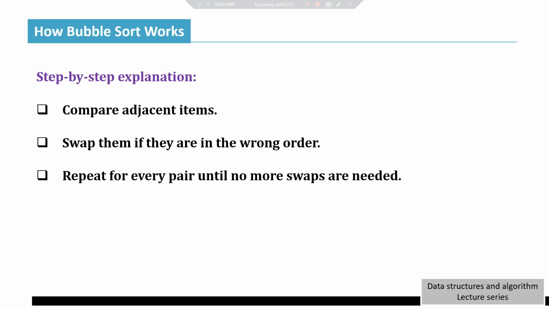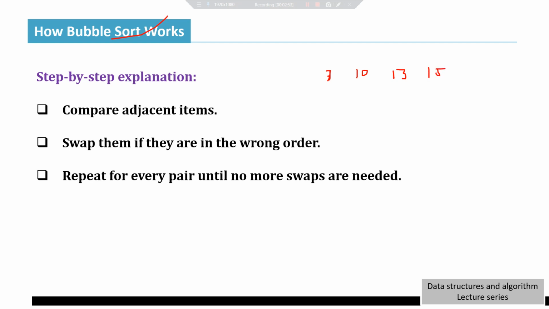So let us understand how bubble sort works. First we compare adjacent items, for example the first and second. Suppose the items are 7, 10, then maybe 13, then maybe 15.